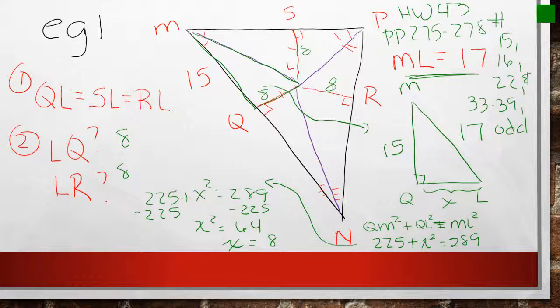So we have 225 plus x squared equals 289. Subtract 225 from both sides of the equation. X squared equals 64. And yes, x equals 8. So that means LQ right here is 8, right? And so is SL. And so is RL.